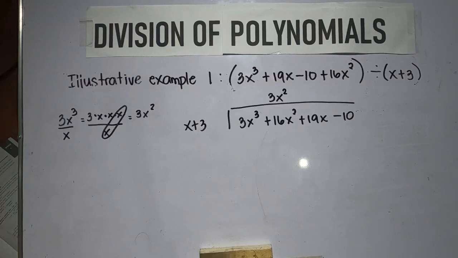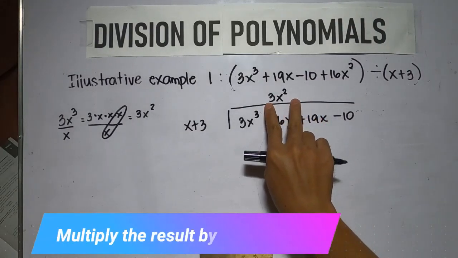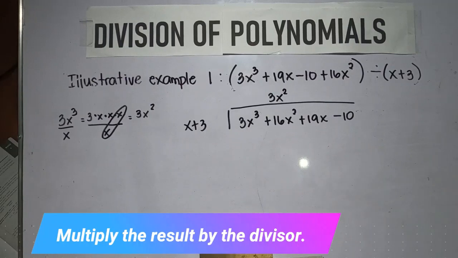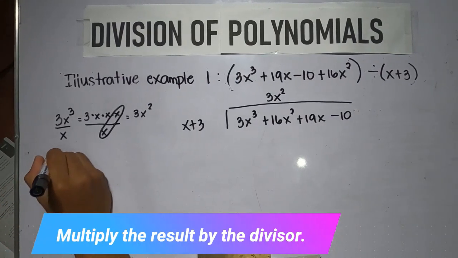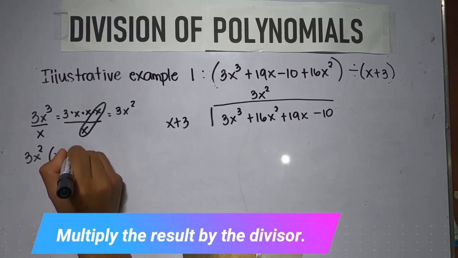The next step is to multiply the result in step 2 by our divisor. That is 3x squared times x plus 3. So find the product of 3x squared and x plus 3.